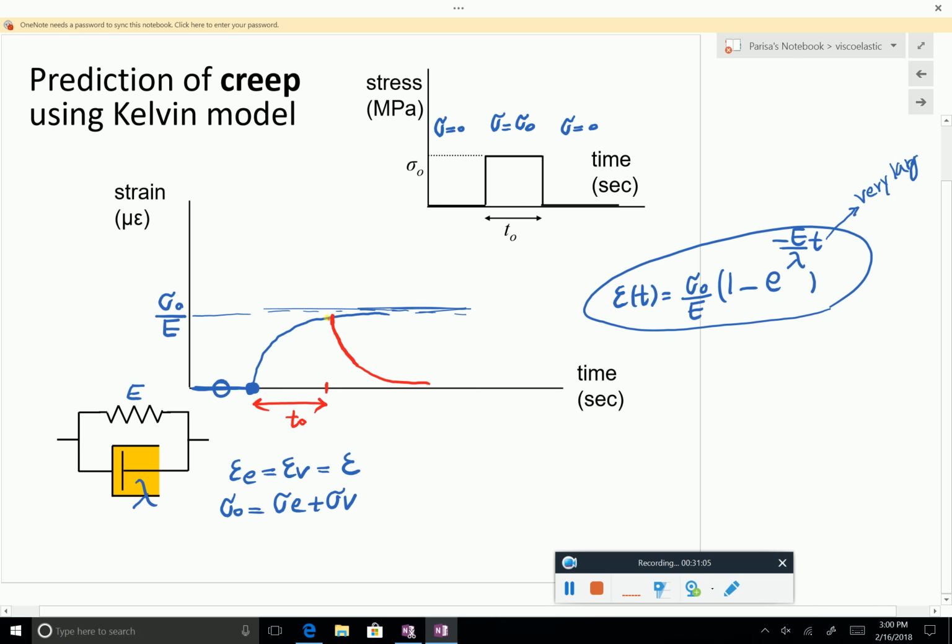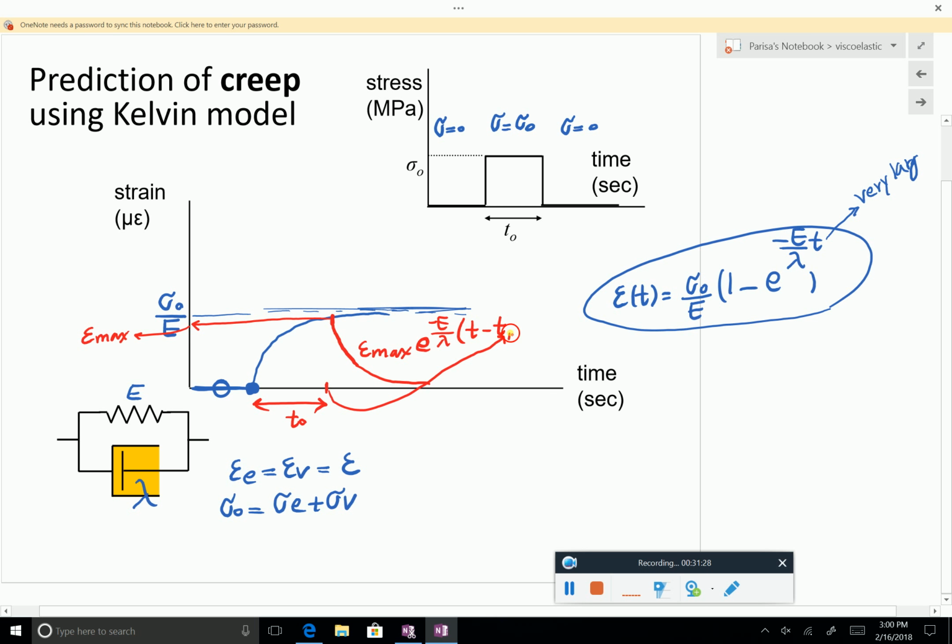So if you start from some epsilon max here, you are going to relax, and this is basically this t here.